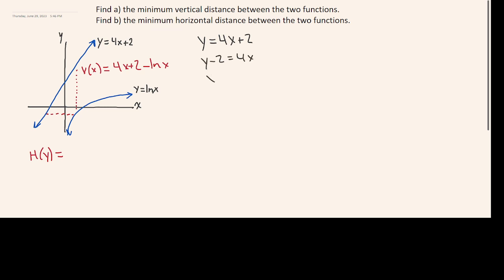Divide by 4. x equals (y minus 2) over 4. y equals the natural log of x. Raise e to the power of both sides. We'll get x is equal to e to the y, because e raised to the natural log cancels out.